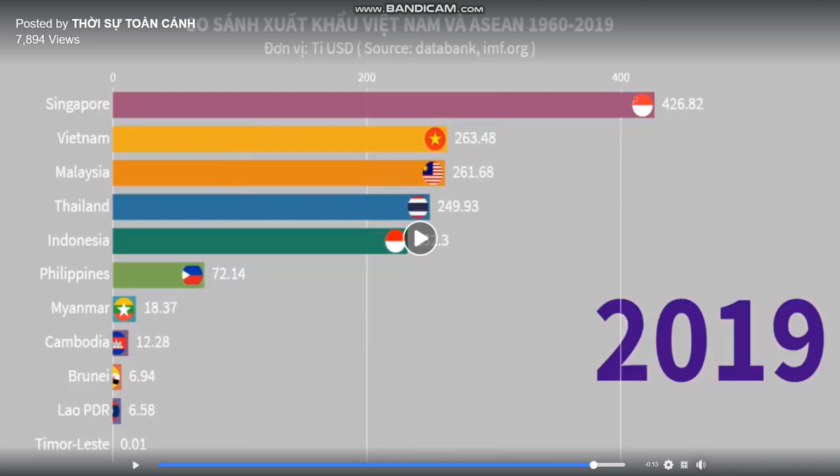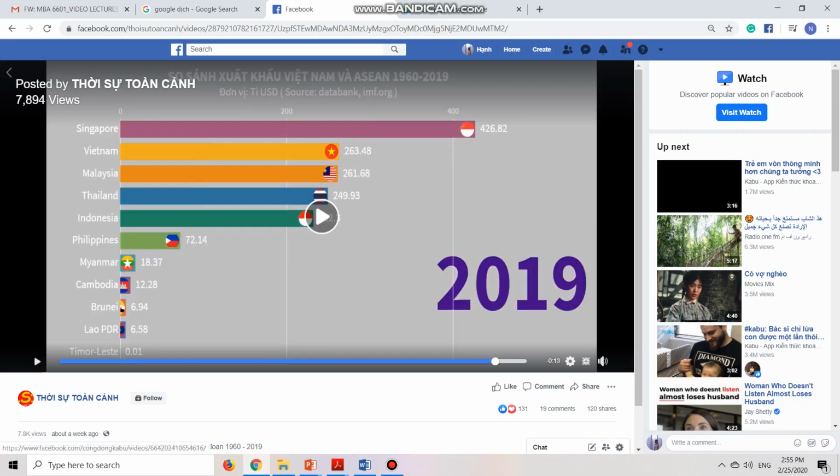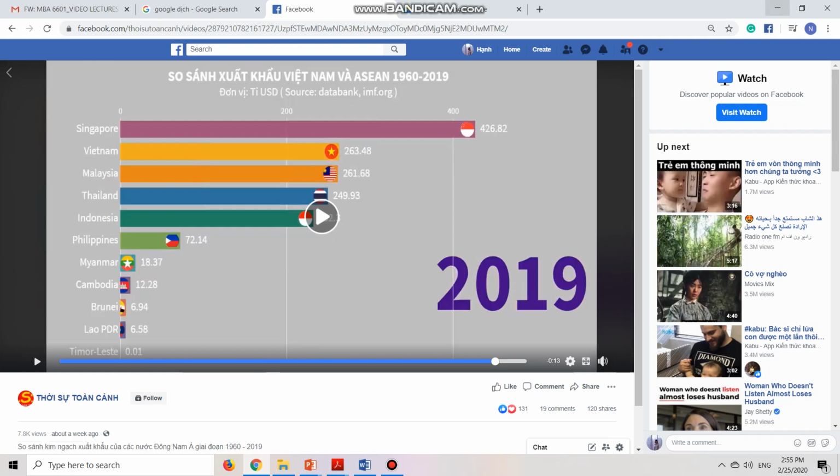Okay, so Vietnam from fourth place in 2017 jumped to second place in 2019. So during 50 years, we can see a big change in Vietnam's exporting. Then let's see what our country exports to other countries.